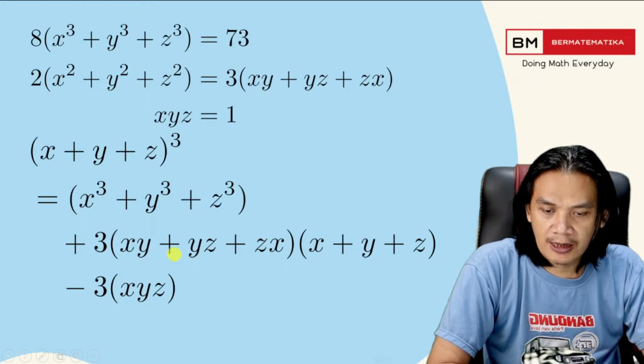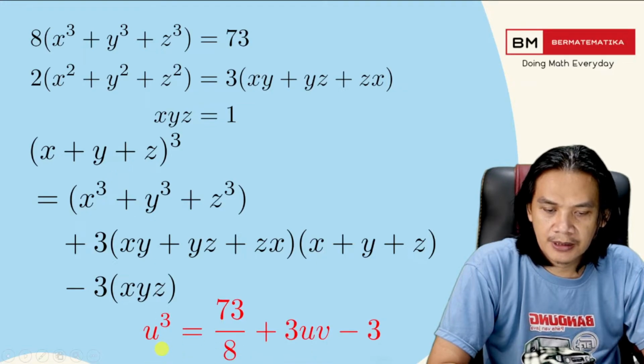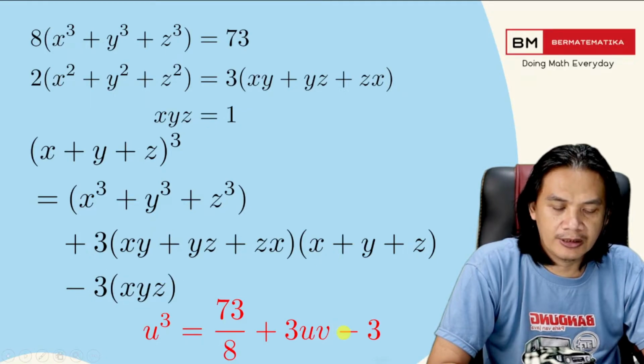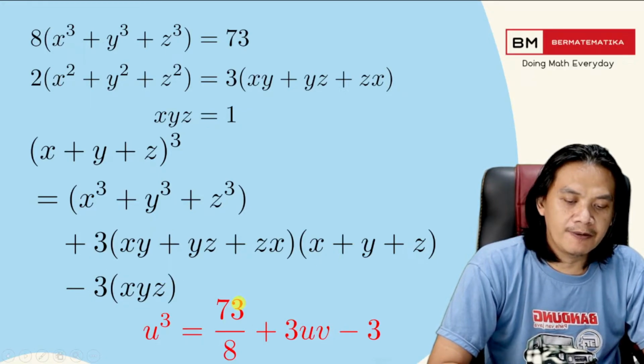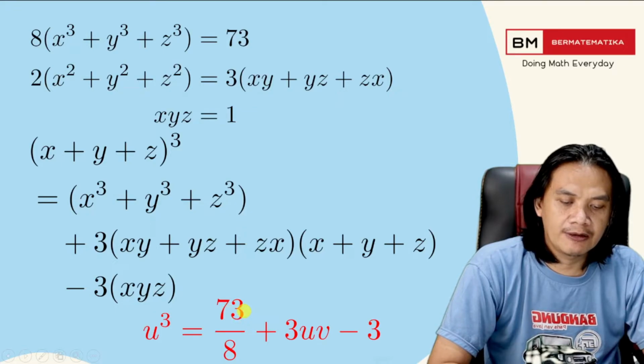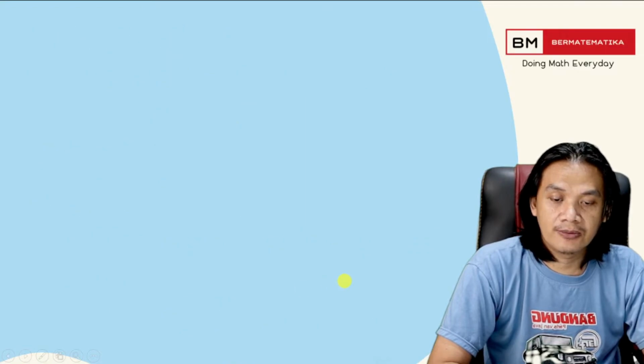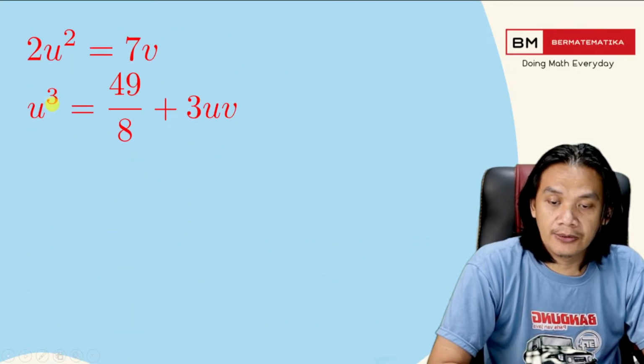So then we have u cubed is equal to 73 over 8 minus 3vu... I mean, 3uv minus 3. Then we can simplify further: 73 over 8 minus 3, which is 24 over 8, so this minus that is going to be 49 over 8. So we have u cubed is 49 over 8 plus 3uv.